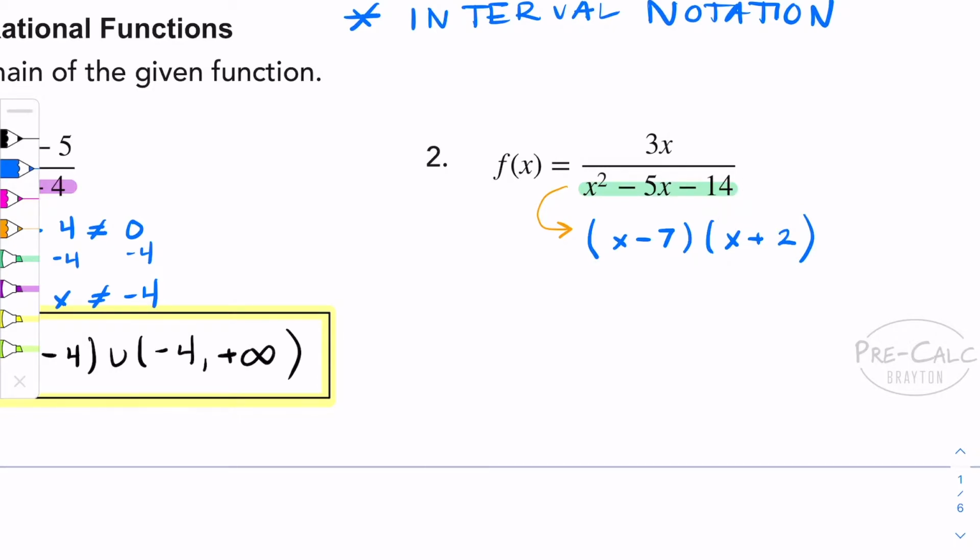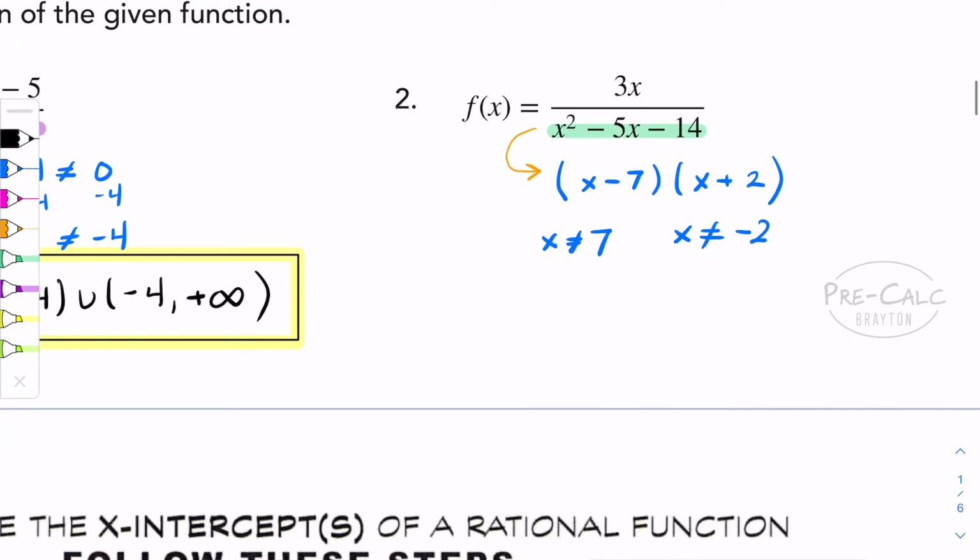Negative 7 plus 2 is equal to negative 5. This tells us that x cannot equal 7 and x cannot equal negative 2. The domain is from negative infinity to negative 2, union negative 2 to 7, union 7 to positive infinity.